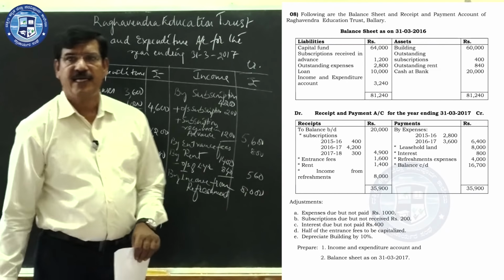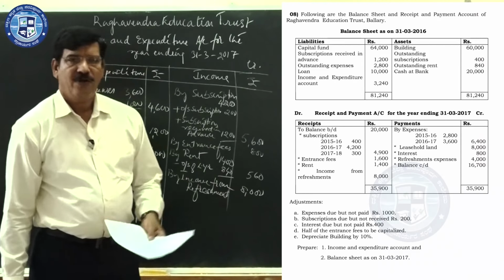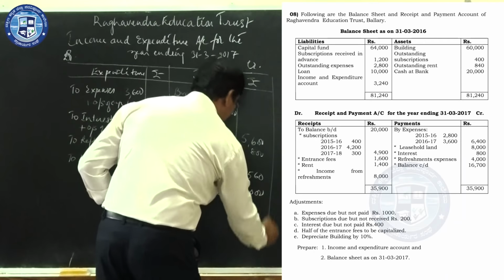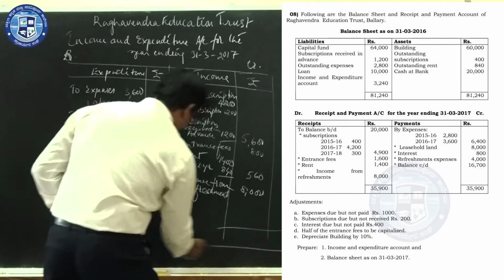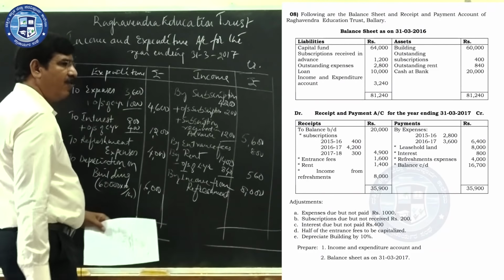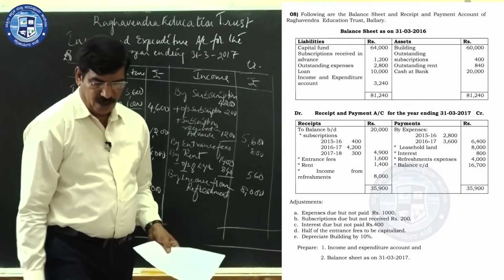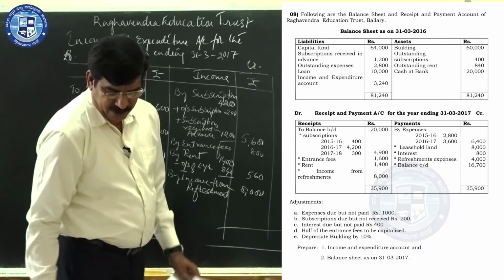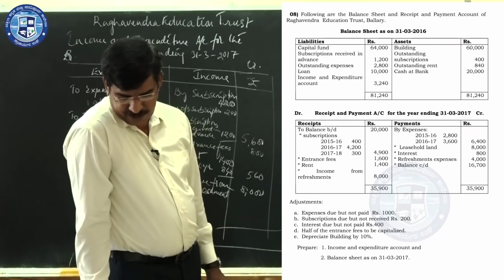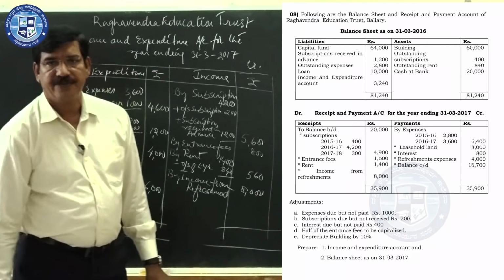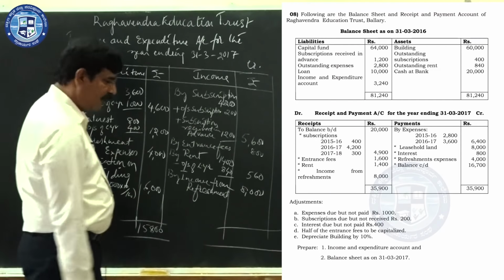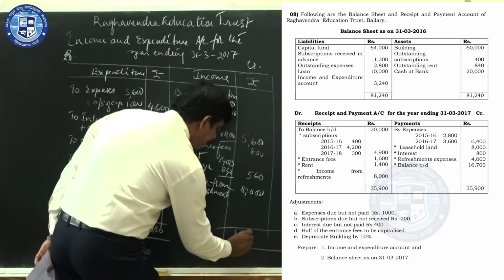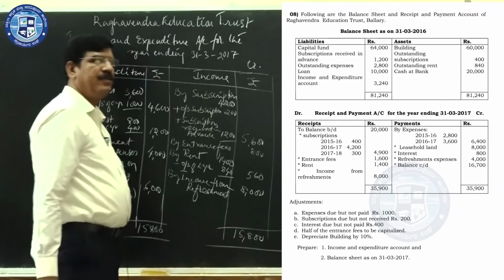So almost all the items have been recorded. Now total by using a calculator. So find the total, which side it is more, which side it is less. So the total of the income and expenditure account will be 15,800.